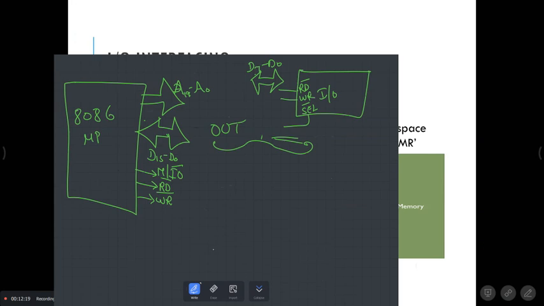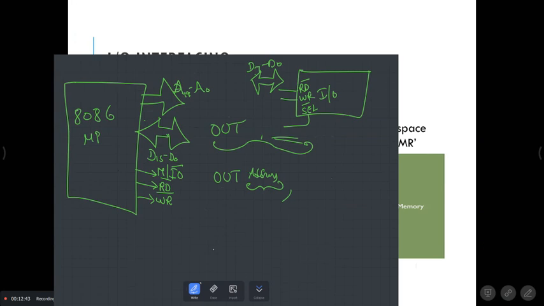The syntax of the out instruction is out. Since you are using 8255, you use the 8-bit address instruction. Otherwise, this is going to be the address of the port, out address, comma, what you are going to put? Data, right?